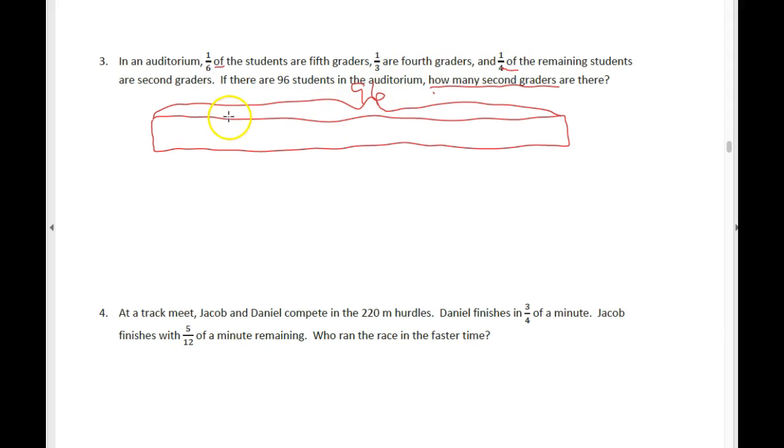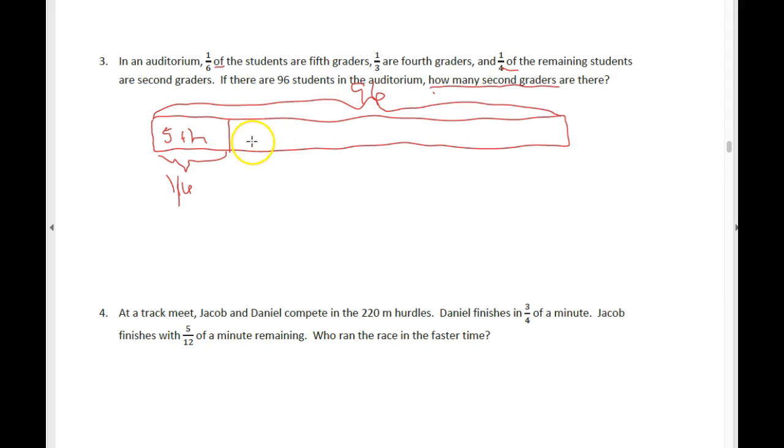Let's just kind of break it up. And we'll call them what they are. So this right here, if this is 1/6, and you can relate to these guys, these are the fifth graders. And then the next one says it's 1/3.